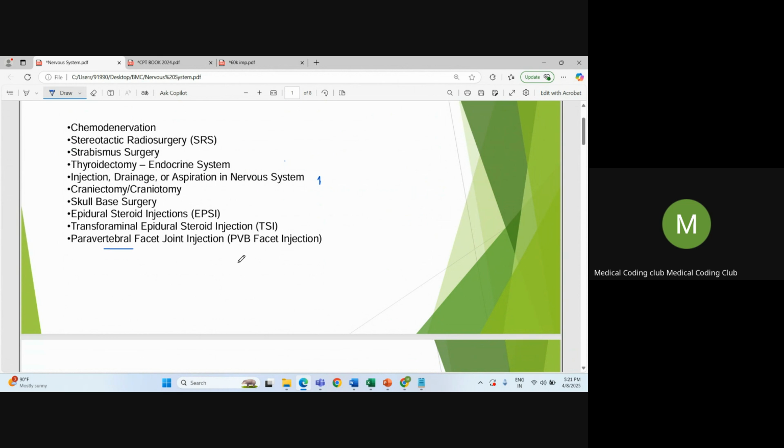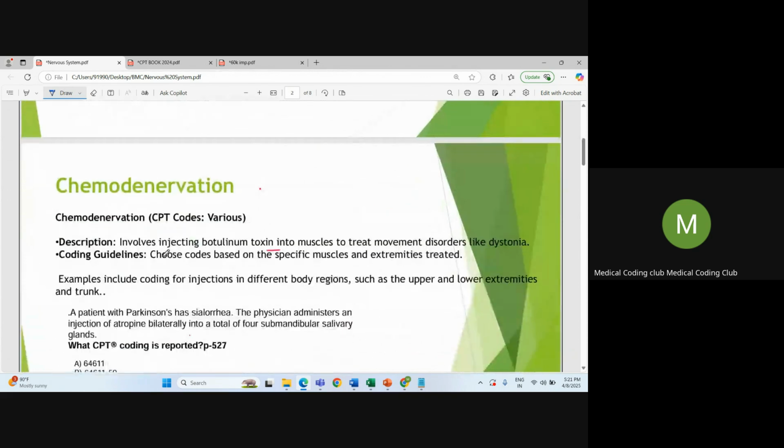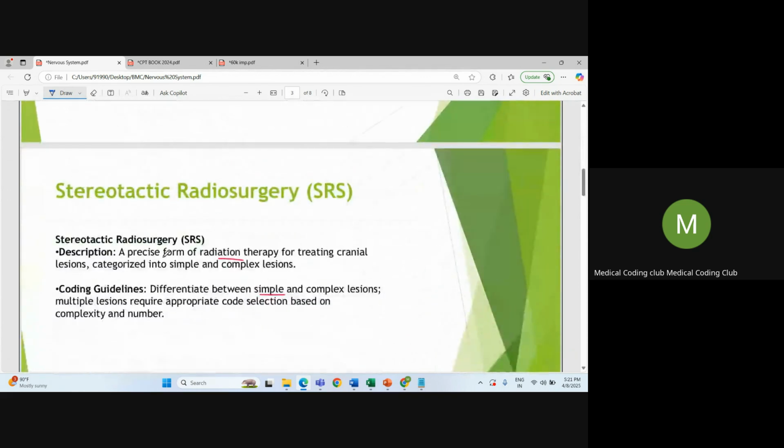Okay, so all of this will be discussed. The first one in our question, which we were discussing, is epidural steroid injection. With the injection we have to check whether they have given single level or multiple levels using a catheter. There are so many guidelines with every procedure that we need to learn thoroughly and understand.